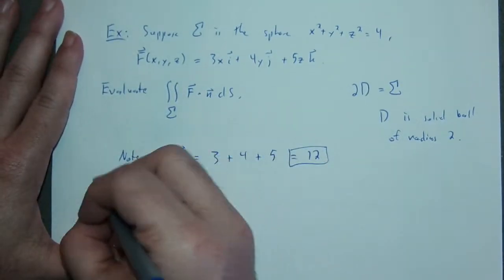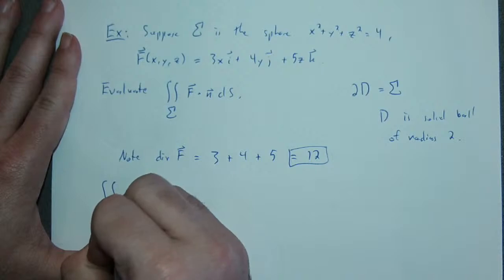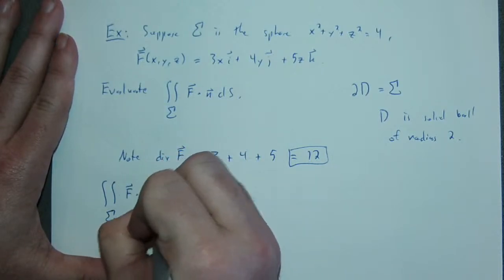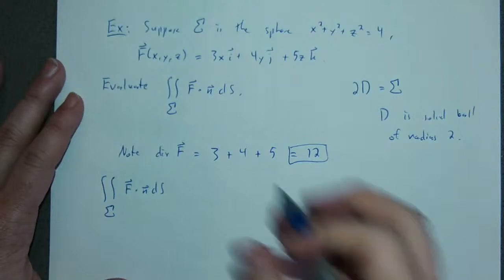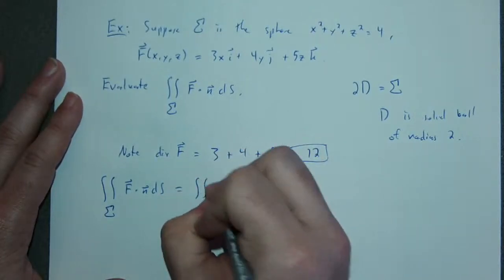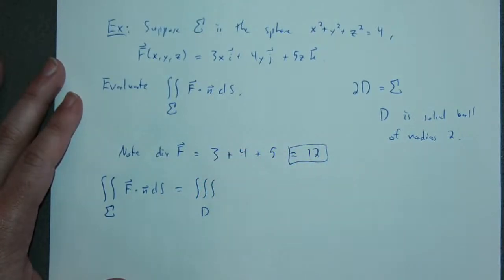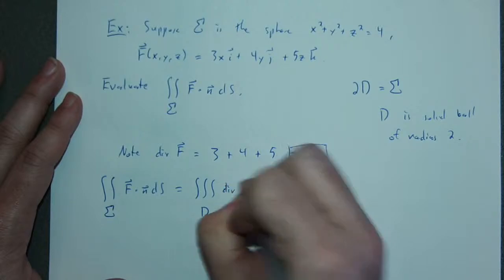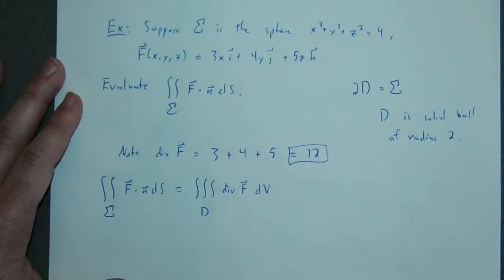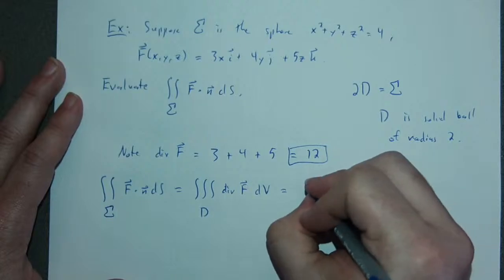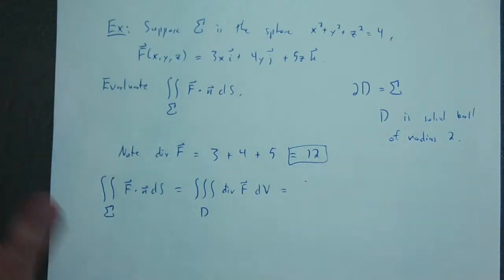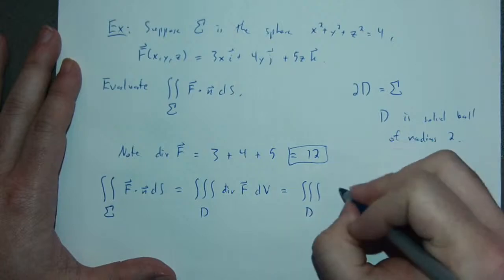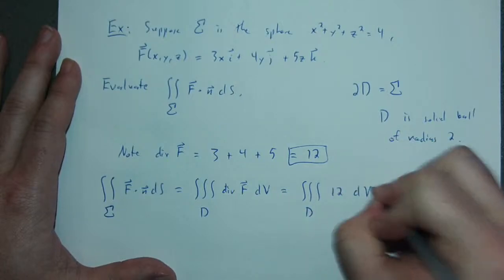And thus, by the divergence theorem, this surface integral can be computed as the triple integral over D of 12. Okay, so this is the triple integral over D of 12 dV.